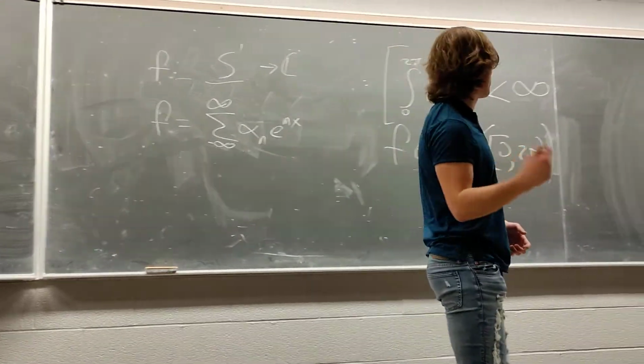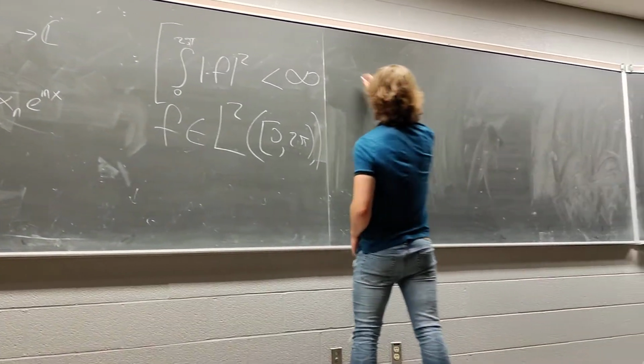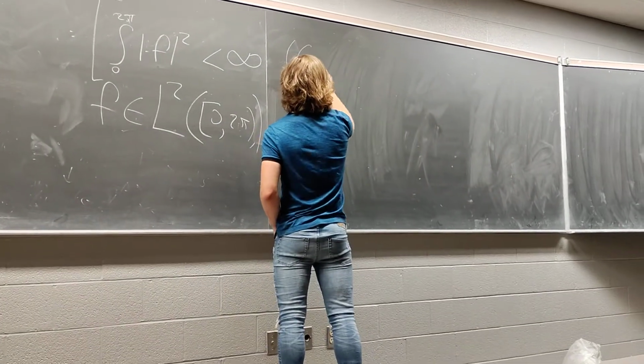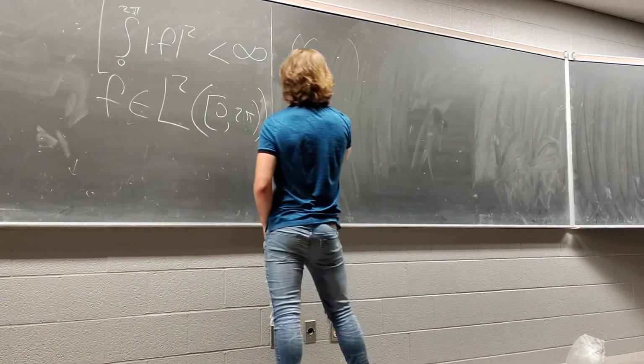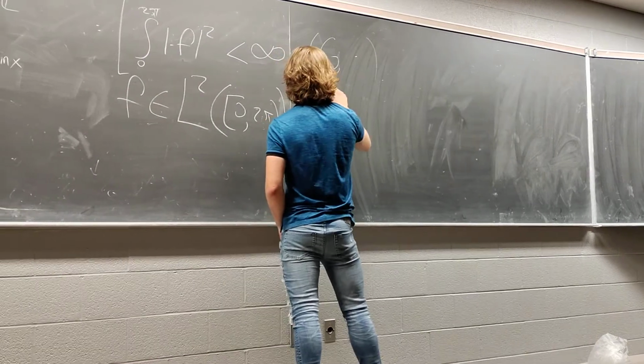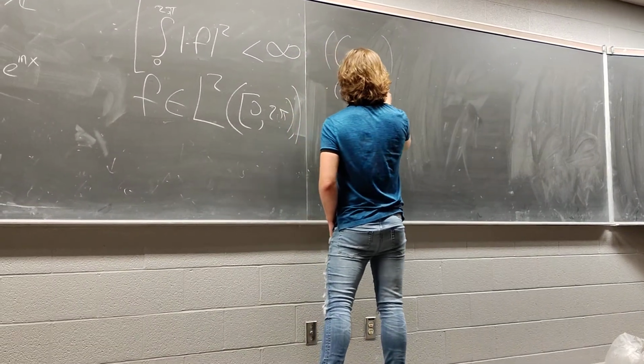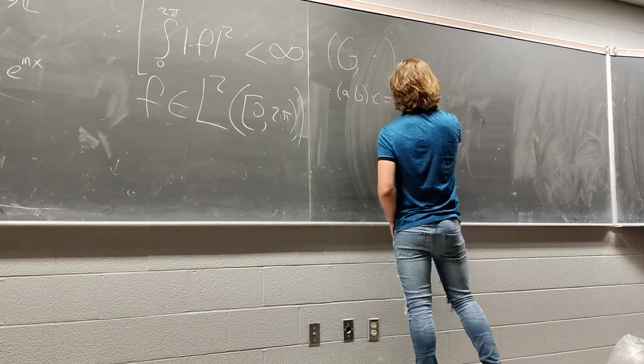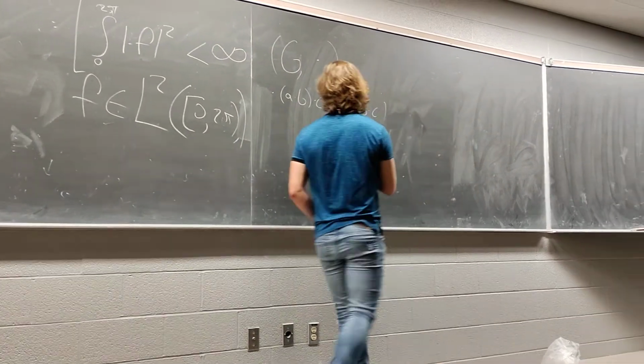Now, if you haven't heard of a group before, there's this sort of technical definition. A group is a set with a binary operation that obeys 3 obvious properties. So you have that (a·b)·c equals a·(b·c), associativity.